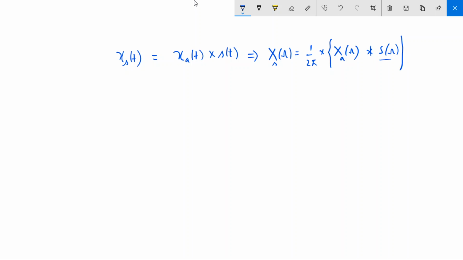So this S(omega) we have obtained for this impulse train. It is nothing but a train of impulses located with a frequency difference of omega naught, 2 omega naught, and minus omega naught, with a strength of 2 pi by T.